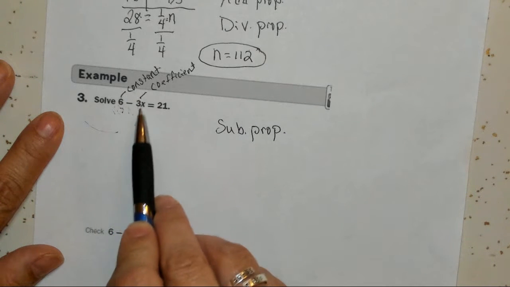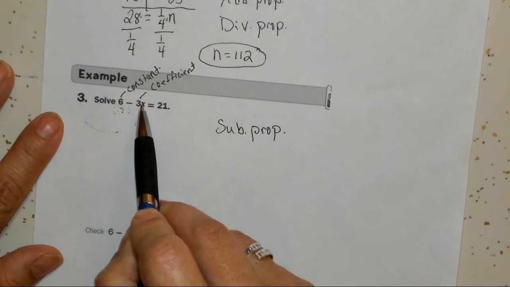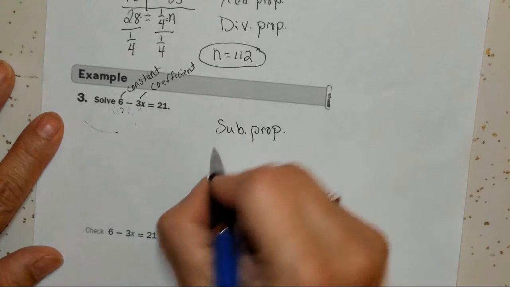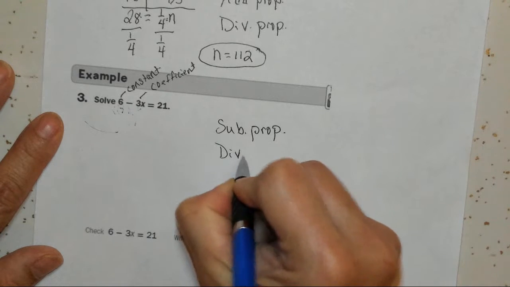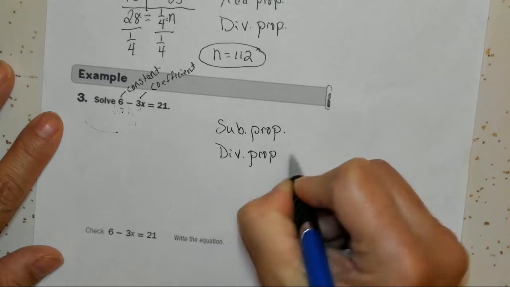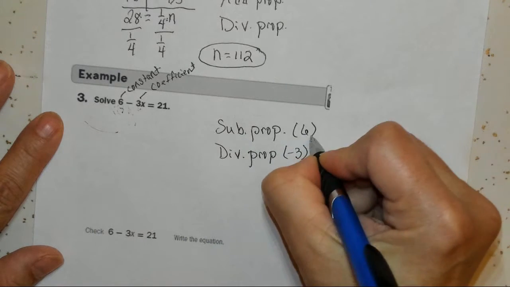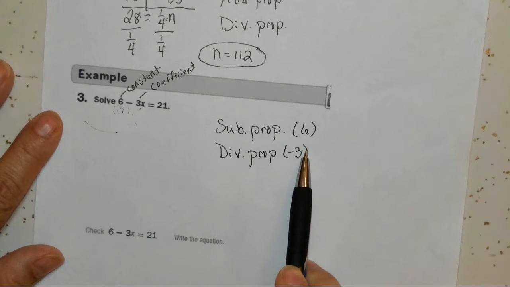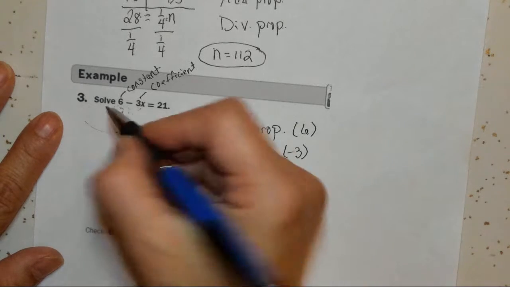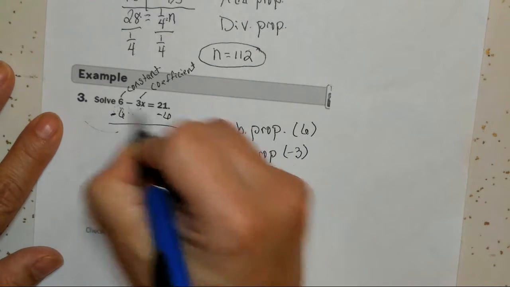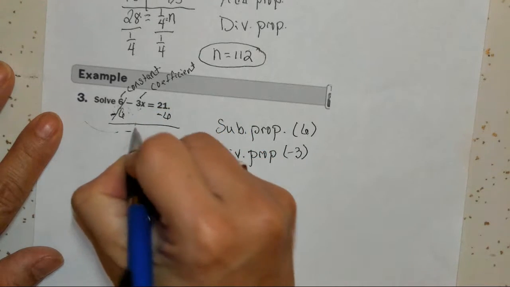Then I need to look at the other operation that's occurring here. I am multiplying by a negative 3 here, so I need to do the division property in order to get rid of the negative 3, and I need to do the subtraction property in order to get rid of the 6. So that's my plan. Now I'm going to put it into action, getting rid of the constant first, making the positive 6 disappear.